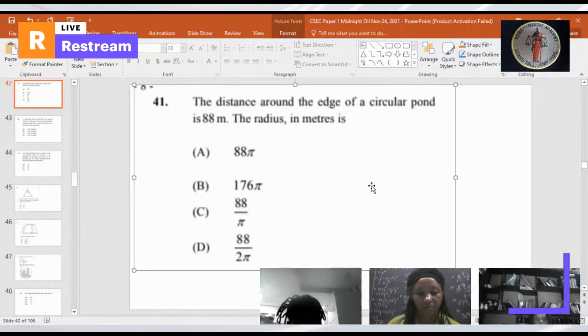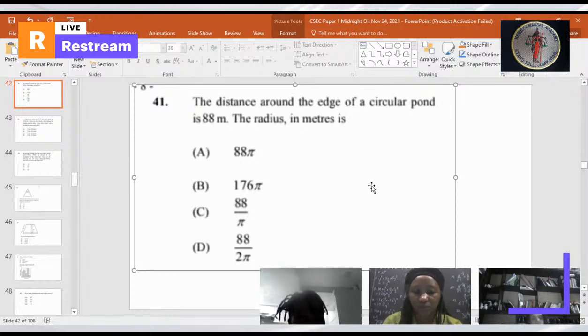So if we know the circumference, how do we find the radius? The circumference divided by pi. You do 88 divided by pi. Wait, no, wouldn't it be 88 divided by 2 pi? Right.